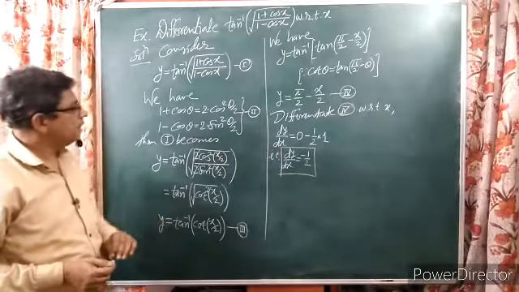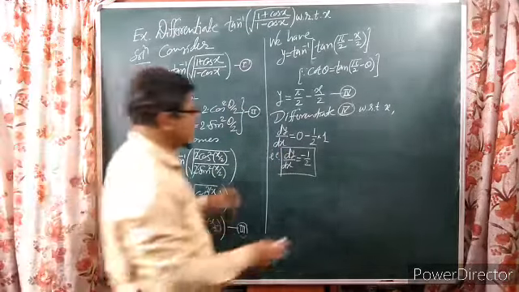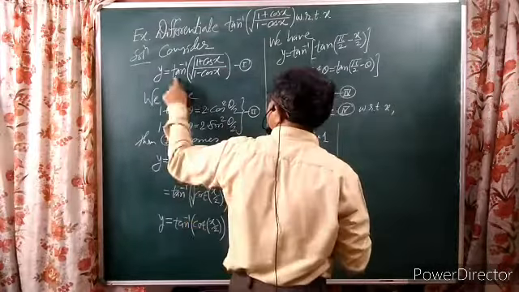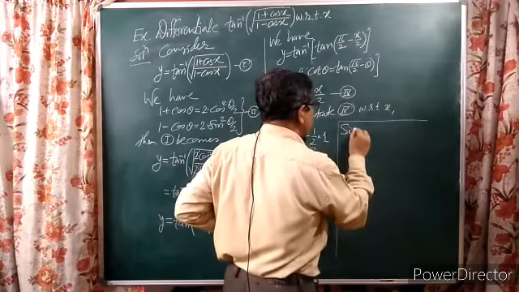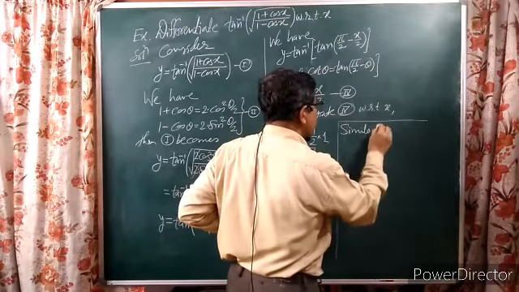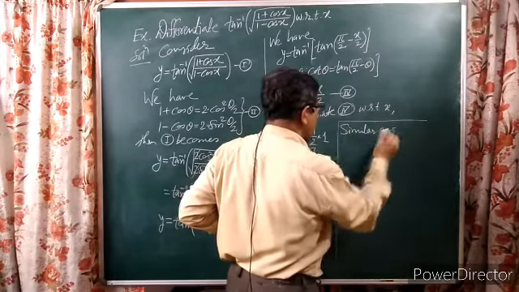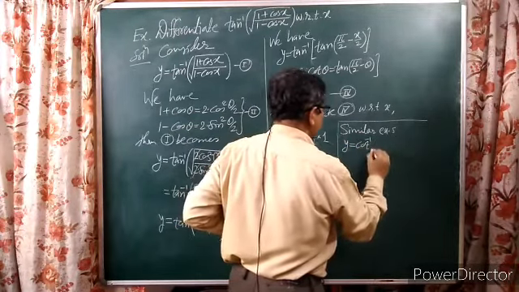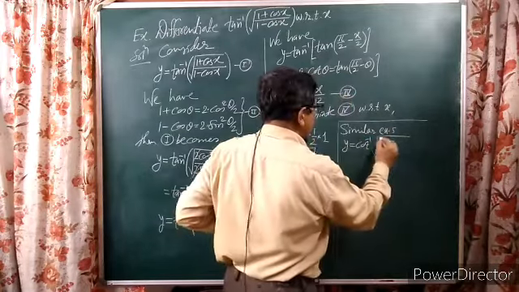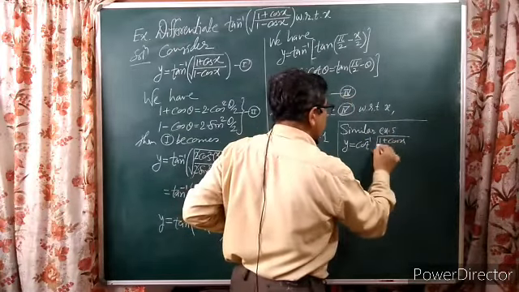Just we can see similar examples to this. Instead of this we may have y is equal to cot inverse of root of 1 plus cos x upon 1 minus cos x.